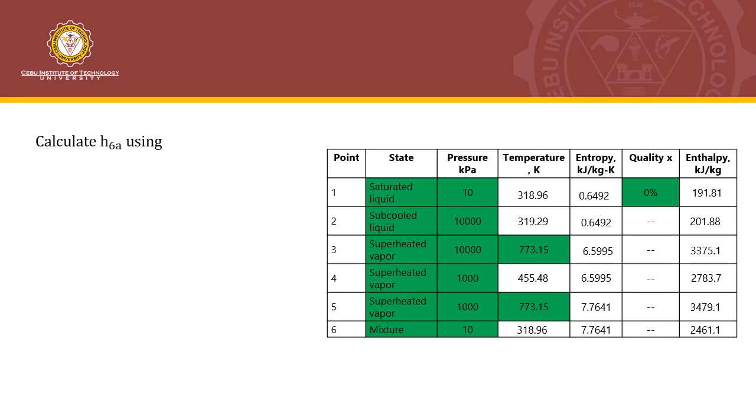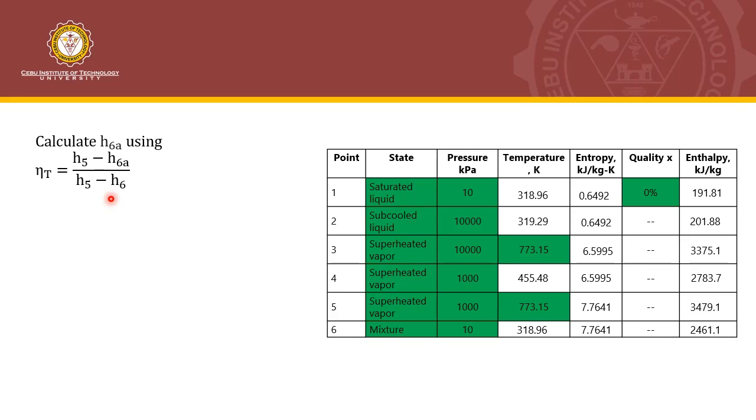To calculate H6A, we will use the relationship of the isentropic turbine efficiency, which is H5 minus H6A over H5 minus H6. That is simply the actual work output of this low pressure turbine divided by the ideal work output of this low pressure turbine.